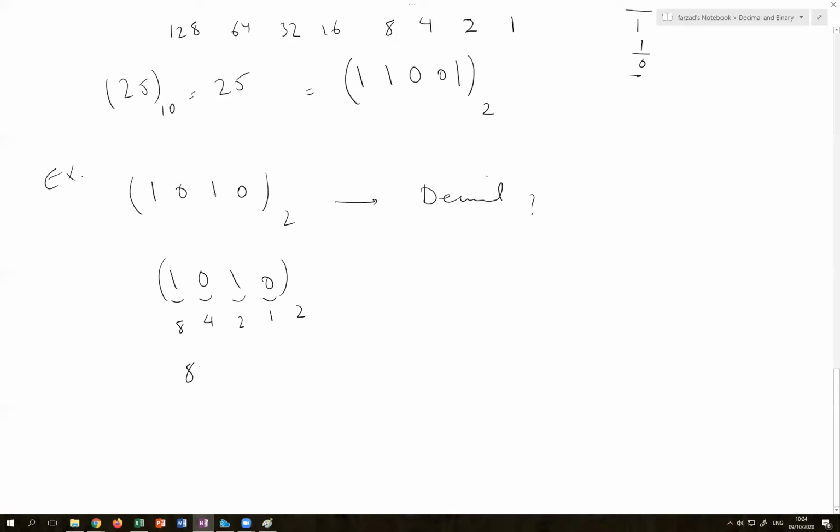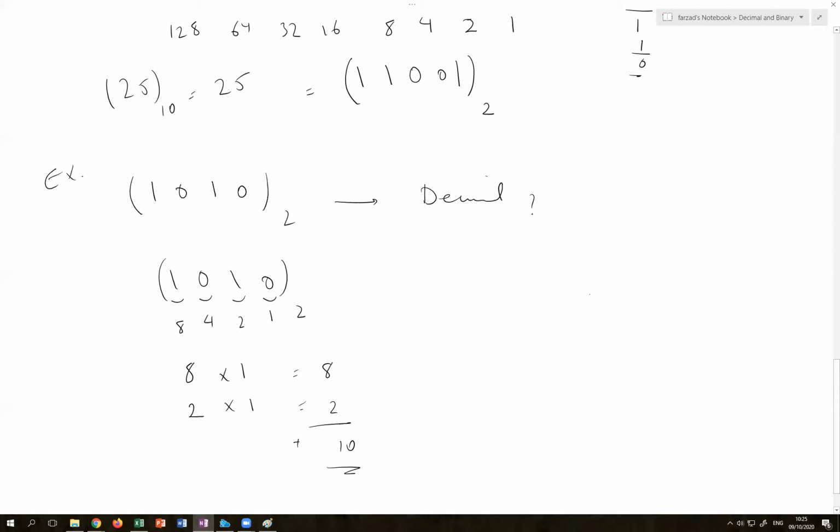So as you see, we have 1 eight, 0 fours, 1 two, that's it. If we add these two numbers together, we get 10. So as I showed you, this is the way we can convert binary to decimal and decimal to binary.